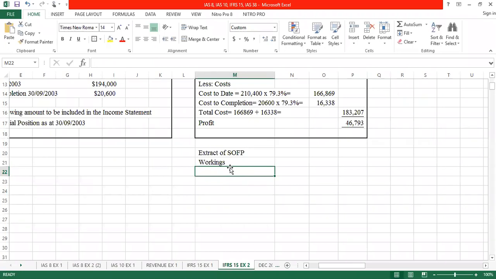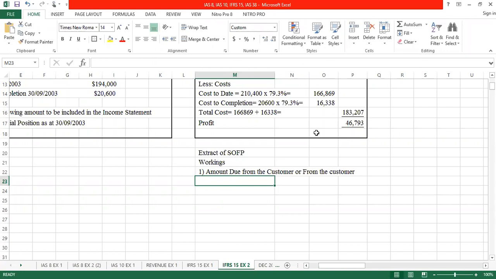So look at what I'm doing here. If you want to know the amount due from the customer, the first working is the amount you expect from the customer or the amount that you owe.